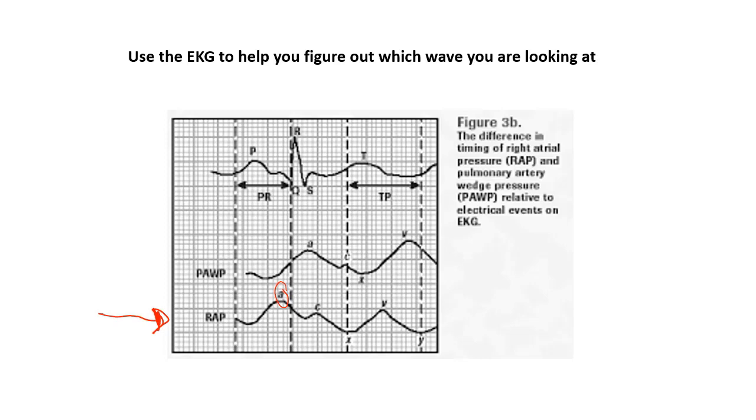The V wave is going to correspond to after electrical activity that initiates ventricular systole. So the V wave is going to be somewhere around the TP segment. The same thing occurs in the pulmonary artery wedge pressure, but as we talked about, if we look at the SVC here in the right atrium, our pressure transducer is right here, seeing everything happening in pretty much real time.